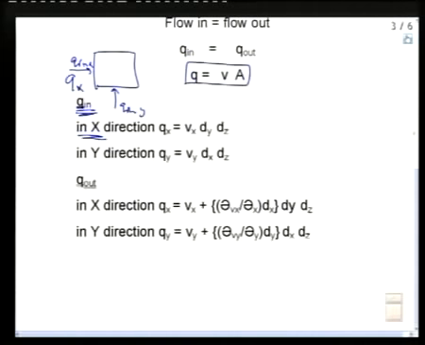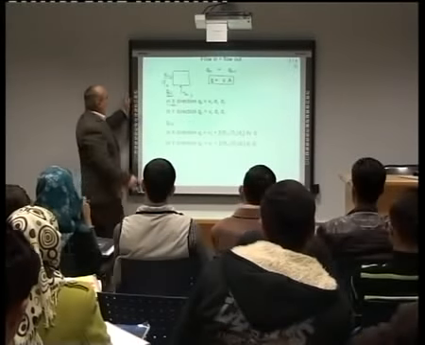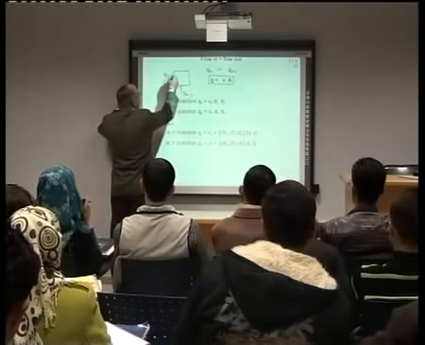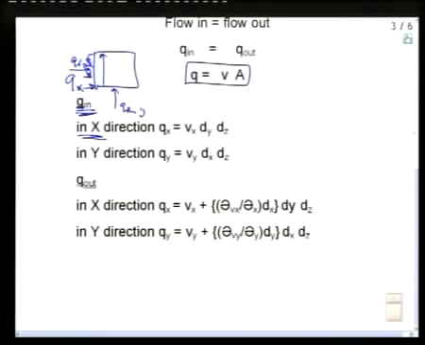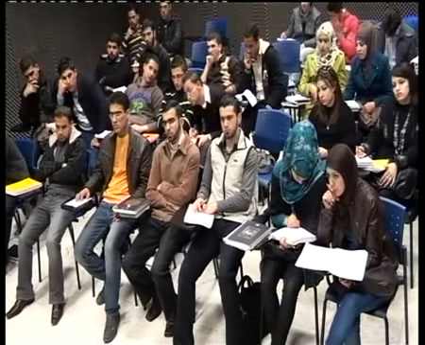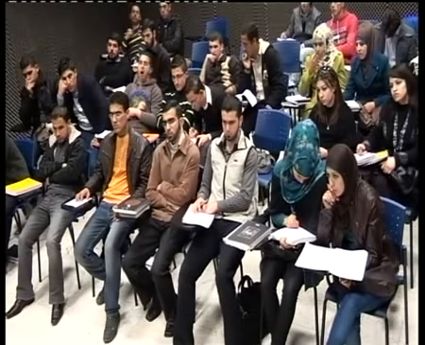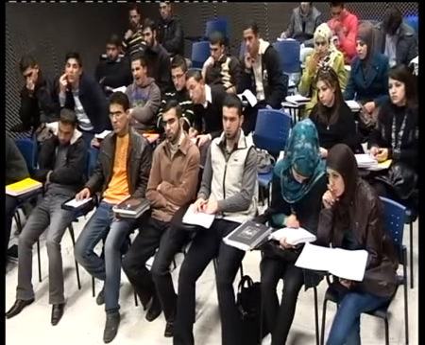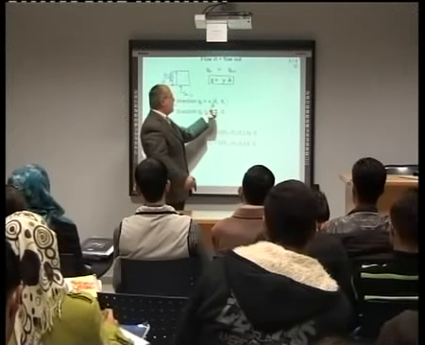Qx is multiplied by A, the cross-sectional area. What is the cross-sectional area that will be subjected to this? What is this distance? dy. And what is the distance in the depth? dz. So I multiplied it by dy dz. So Qx equals velocity in the direction x multiplied by the cross-sectional area, which is dy by dz.